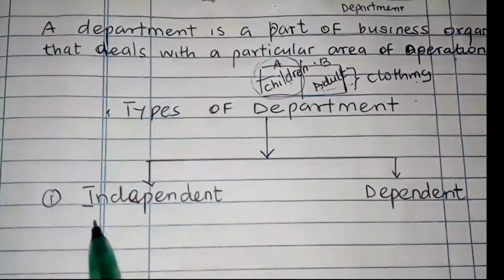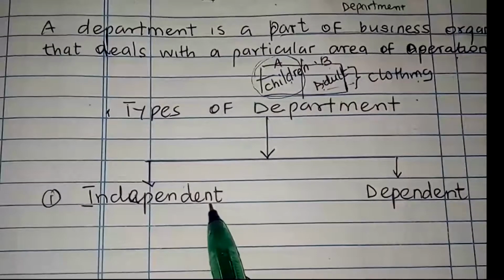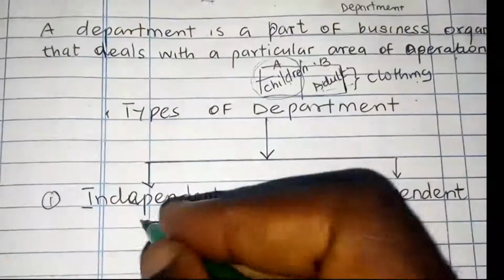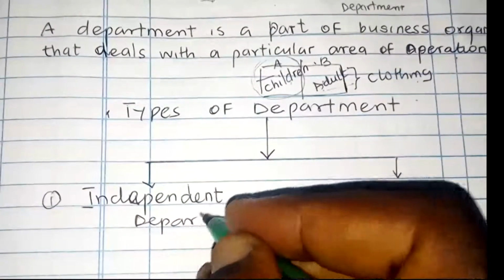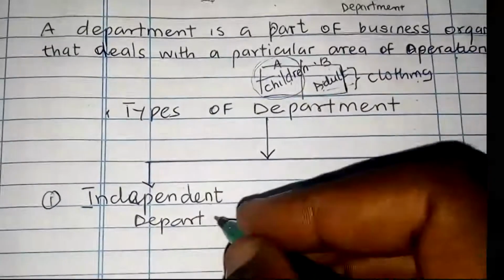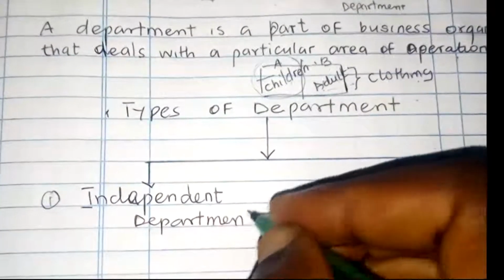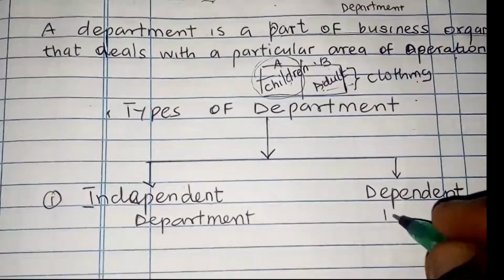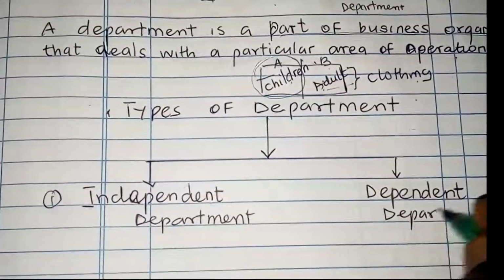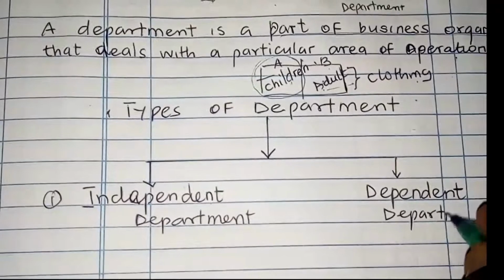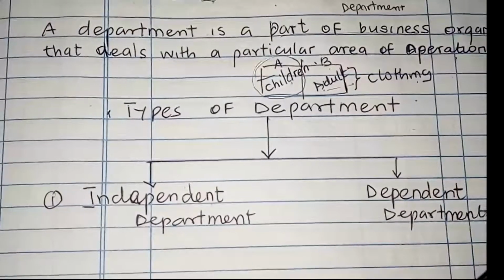But when you say dependent department, a dependent department is a department whose activity is affected by other departments. In this kind of department, goods are normally transferred from one department to another.